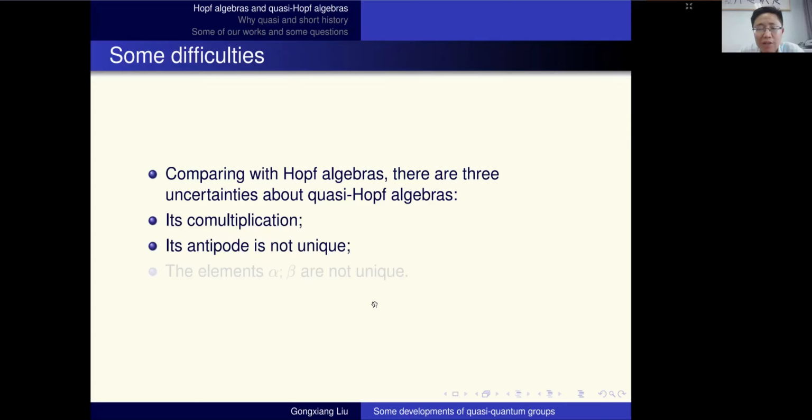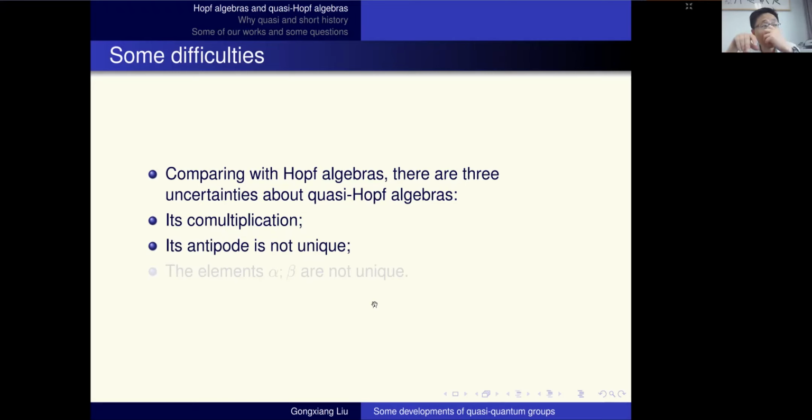Of course, you can find the antipode is an orbit, up to a group action. This group is very, very large. So the antipode is not unique, and this also causes many difficulties. And maybe we know some words from Drinfeld himself.